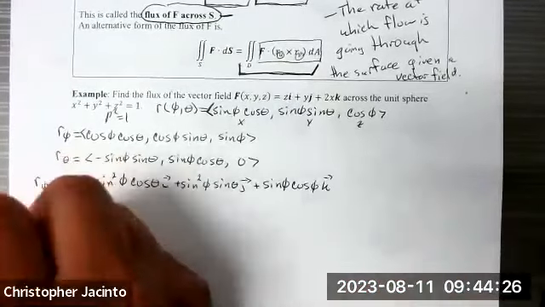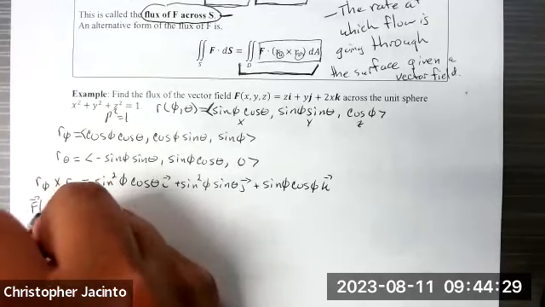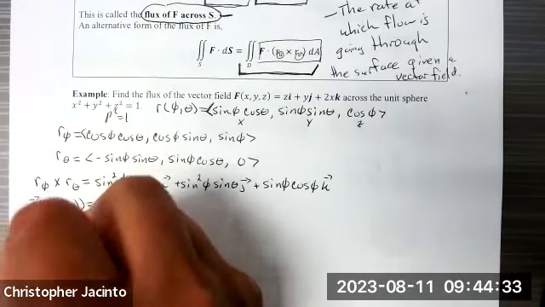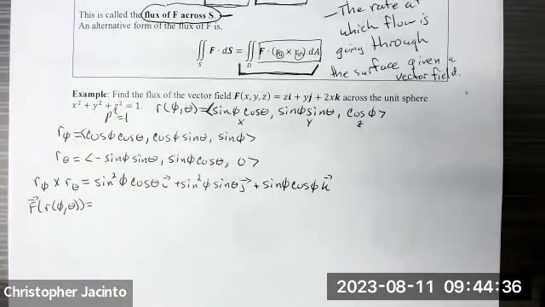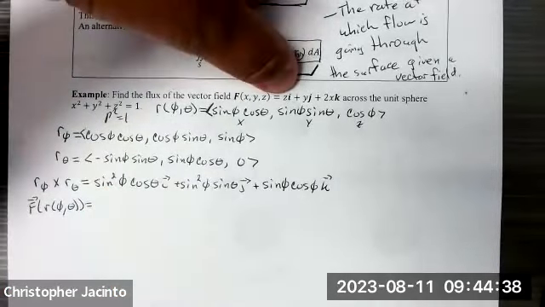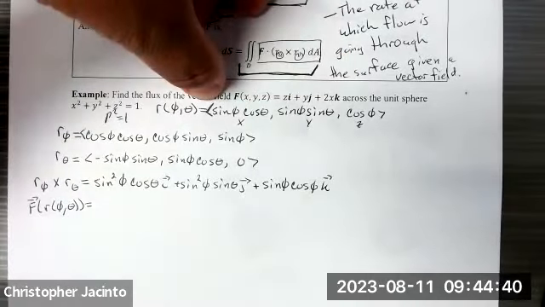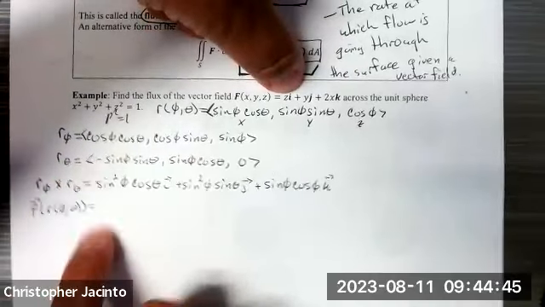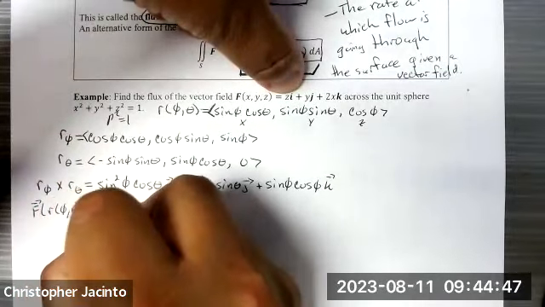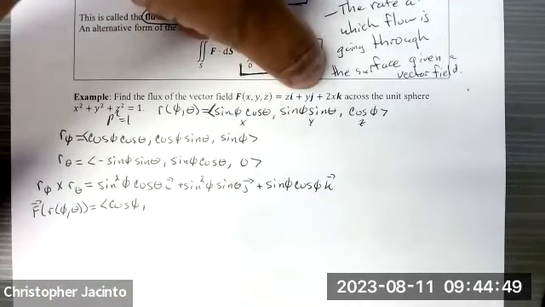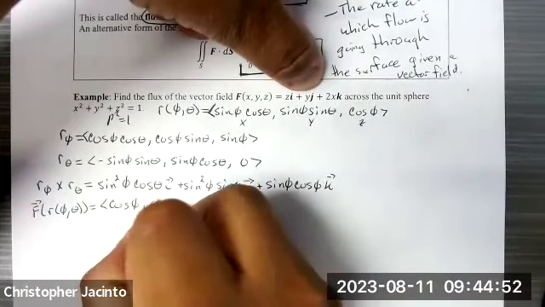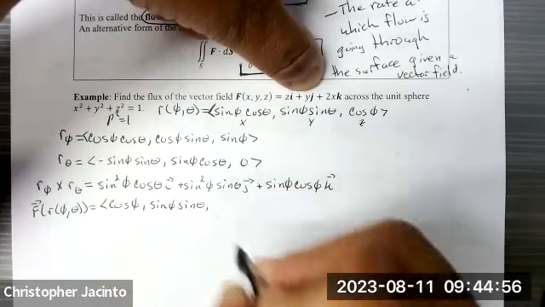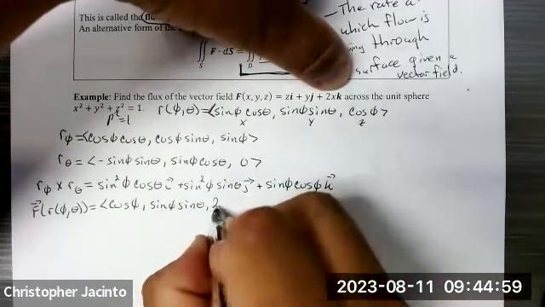Now, when it comes to times F, we have to find our vector field at our parameterization. That just means plugging in z, y, and 2x for each individual case. So in this case, it's going to be z, just cosine phi, then y, which is this one, and then 2 times this.